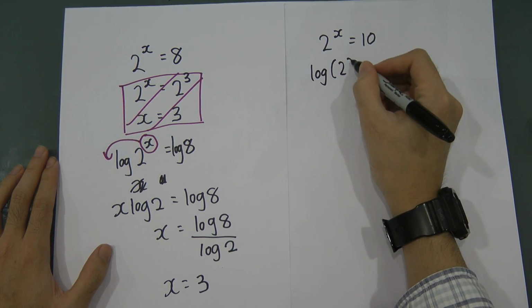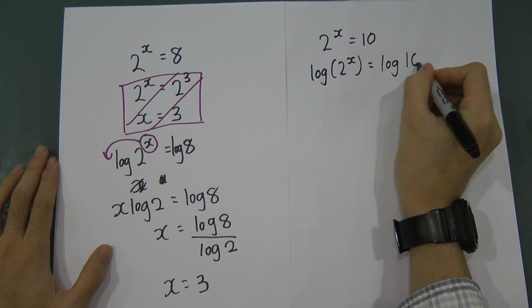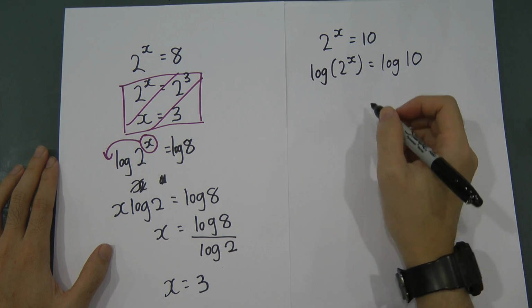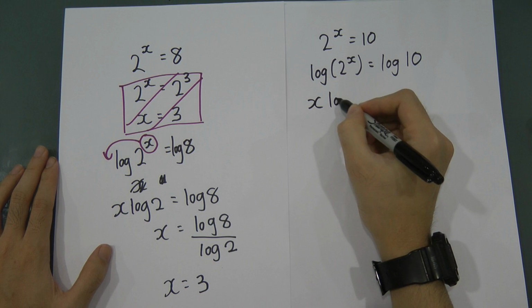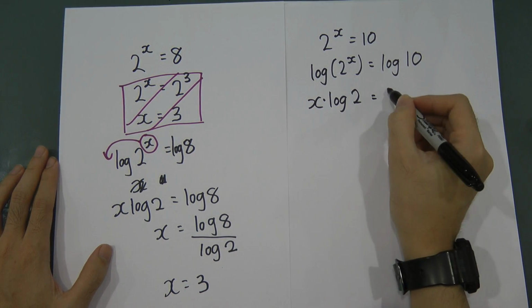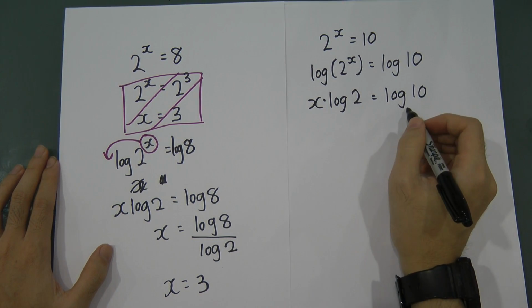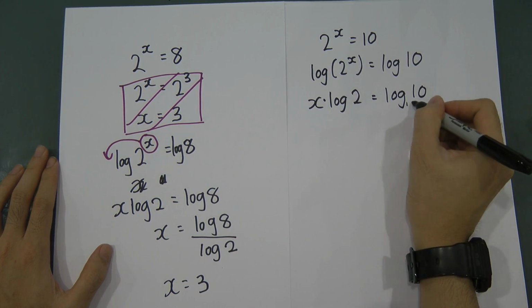So log 2^x equals log 10. Then the power we can move in front, it becomes x multiplied by log 2 equals log 10.